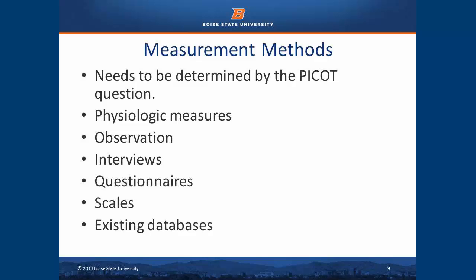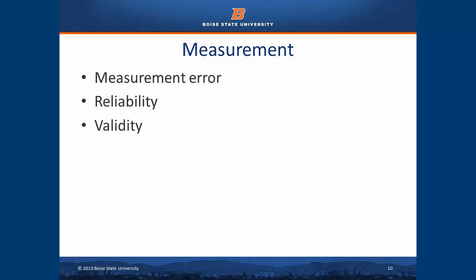Measurement error is the difference between what actually exists in reality and what is measured by the instrument. As mentioned, measurement error will always exist to some extent.